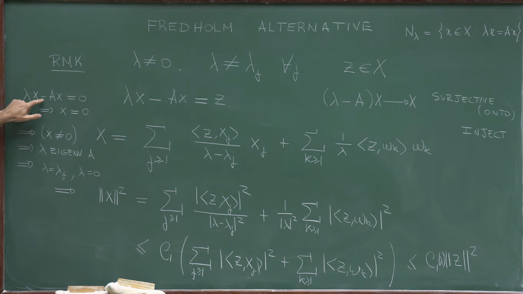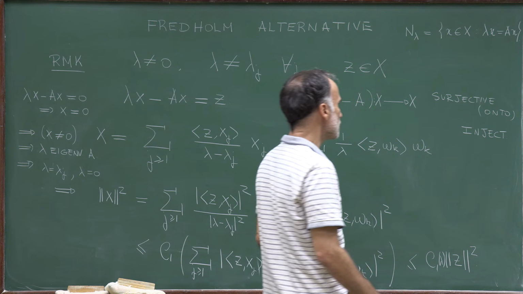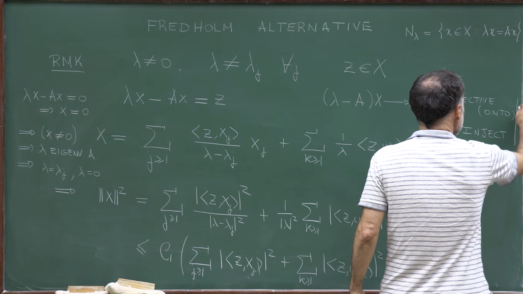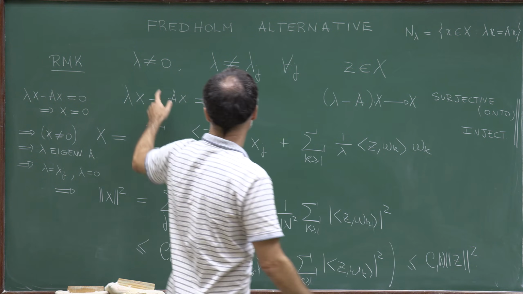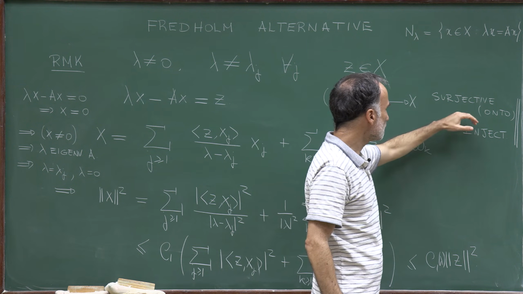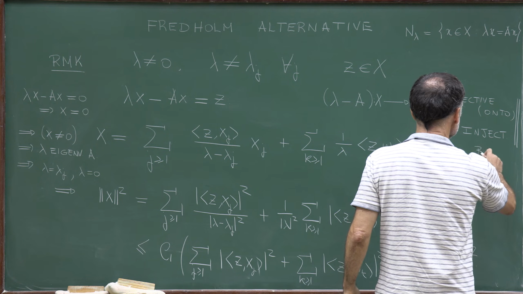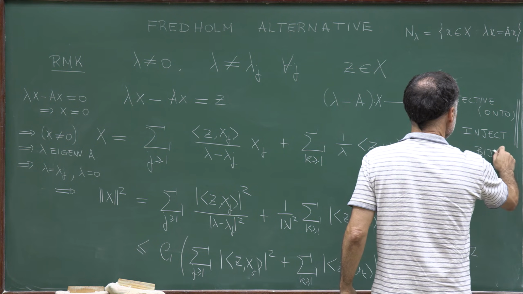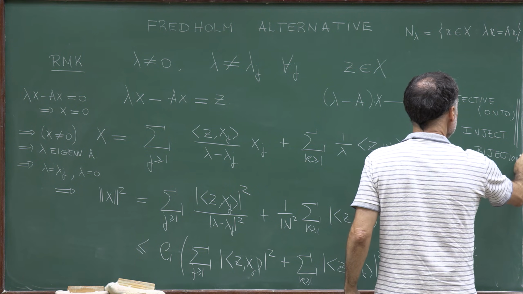So this means that this operator lambda minus A is injective, because the unique solution of this equation is x equal to 0. So I just proved that if lambda is different from 0 and different from lambda j, this operator is a bijection from X to X.